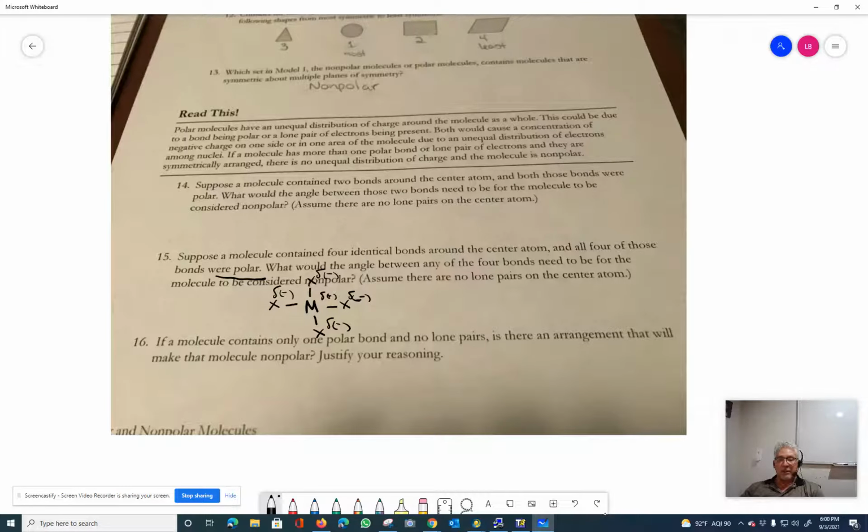Okay, it can be in the plane, looking like a square, or it can also be tetrahedral, and those are the two shapes that will make the molecule non-polar.